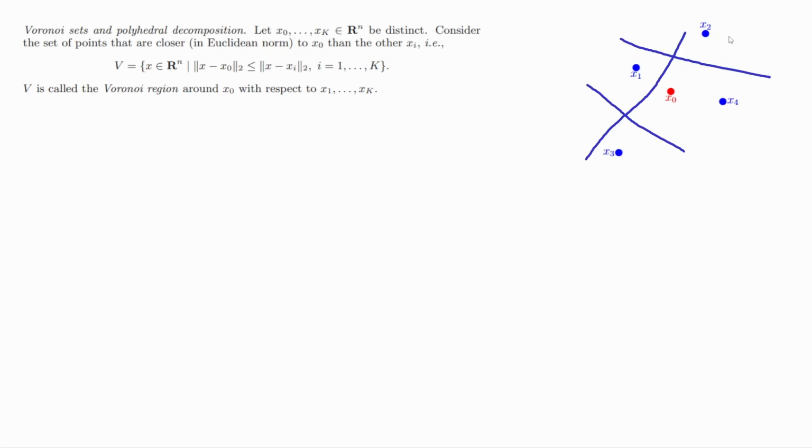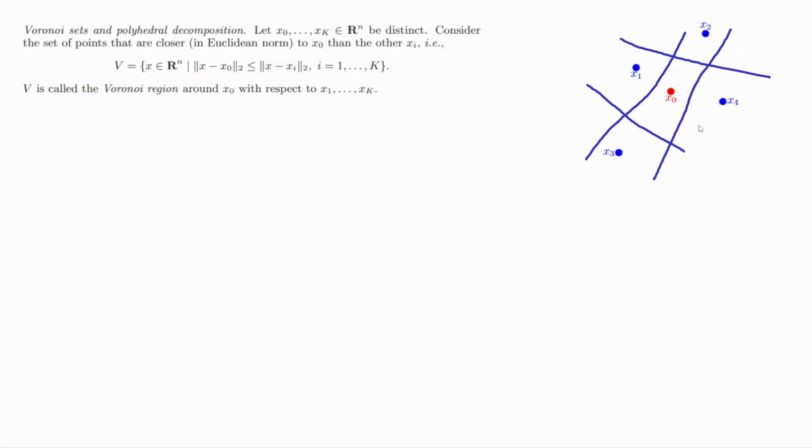If we draw half planes in between x0 and each point, sort of like so, then whatever values are inside this region should be the Voronoi region. So based on this little exploration, we have some intuition that the Voronoi region can be described by the intersection of such half spaces.